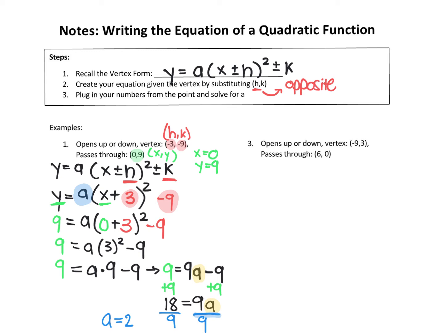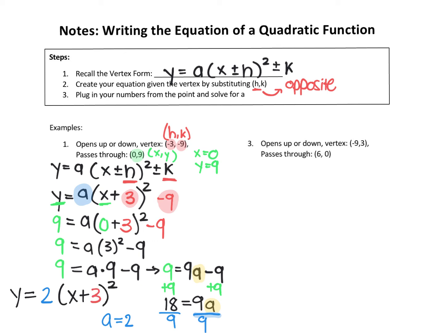So now let me just write my equation with all the numbers. So I have y equals. My a I got from solving, so that's that 2. Then I'm going to have the parentheses, x plus the 3 came from the vertex.